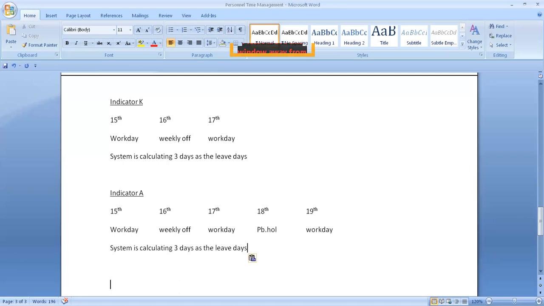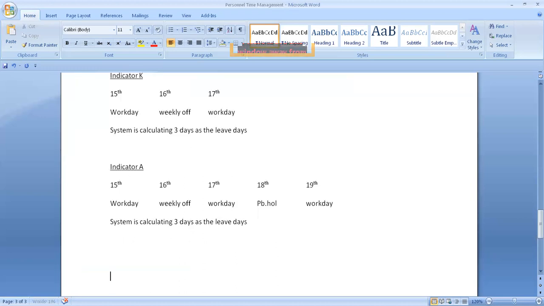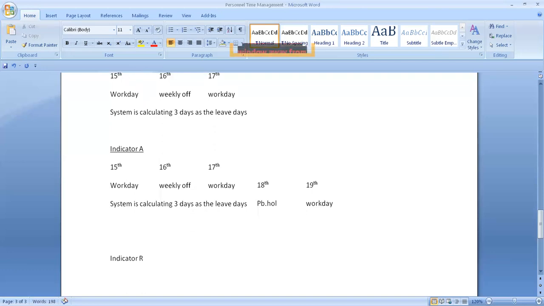Let me take a further example. I want to use indicator R. We are talking about two things here, months. Take the January month, for example.